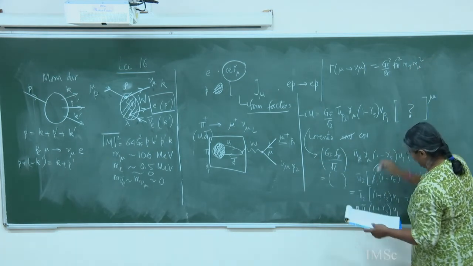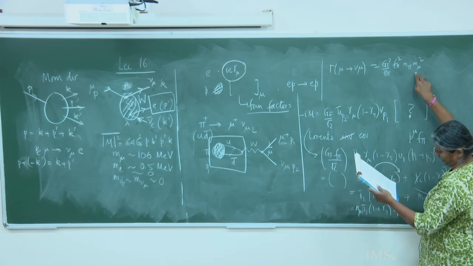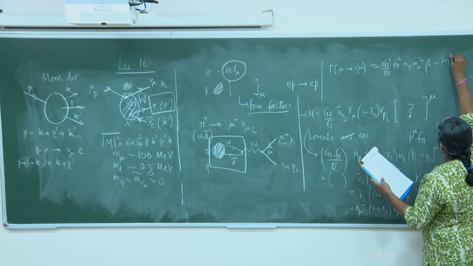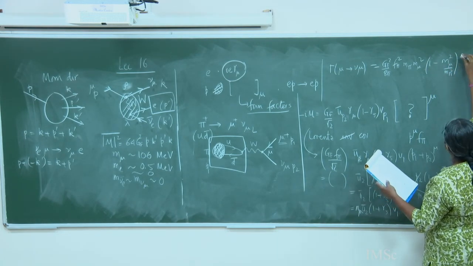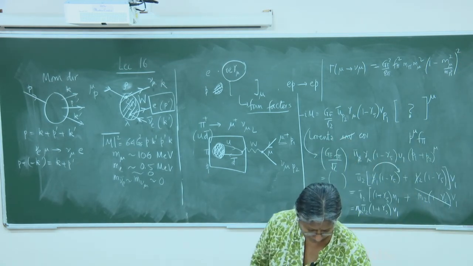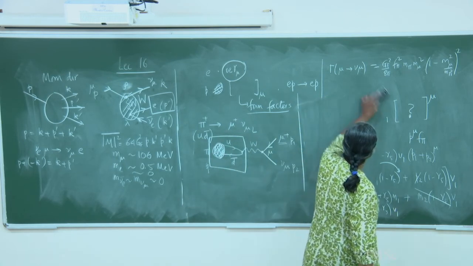So because now I'll call M1 as mu, when I square this I should get mu squared, and then I have, okay. Is this clear, the calculation?